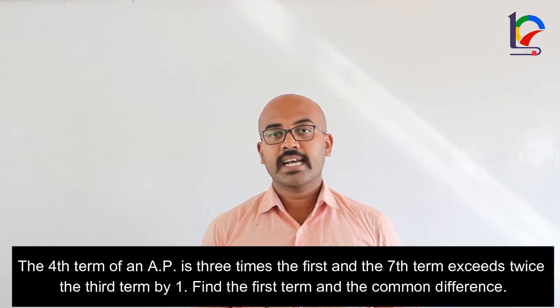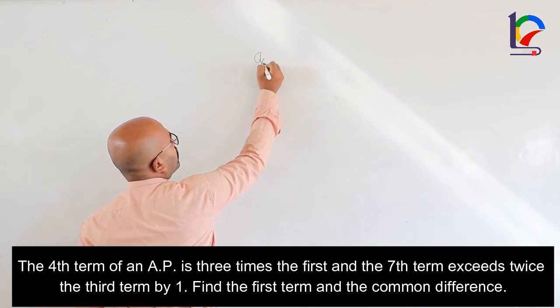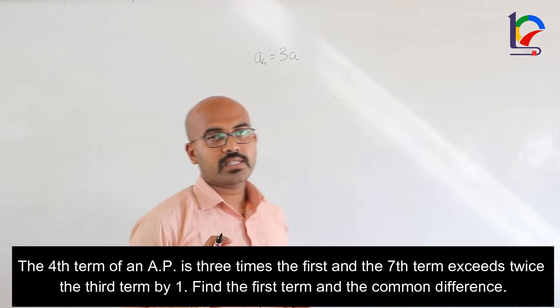The first question they have given is: the fourth term of an AP is 3 times the first term. So how do we write the fourth term? A4 is 3 times the first term.